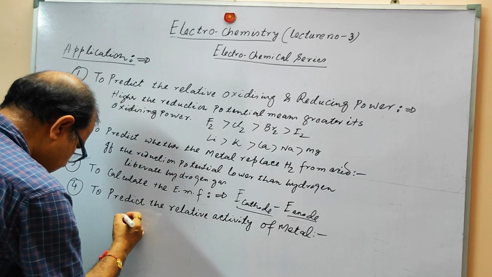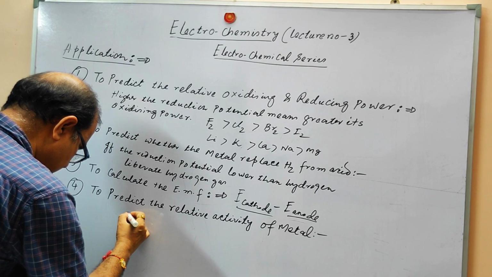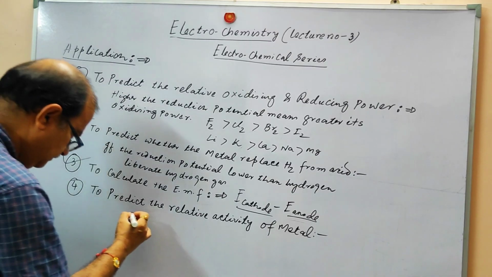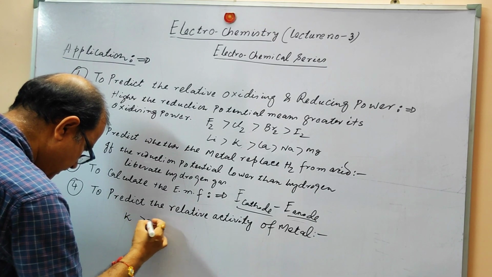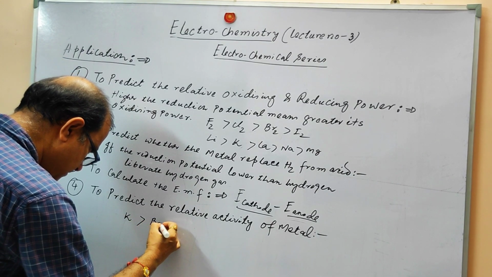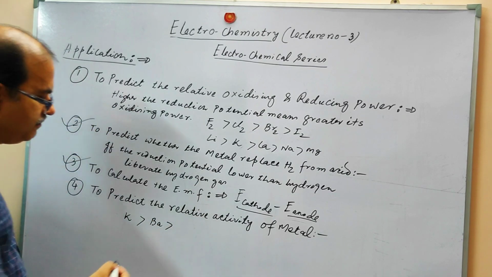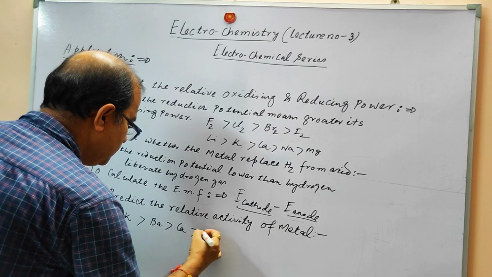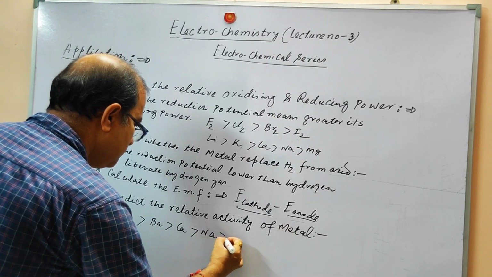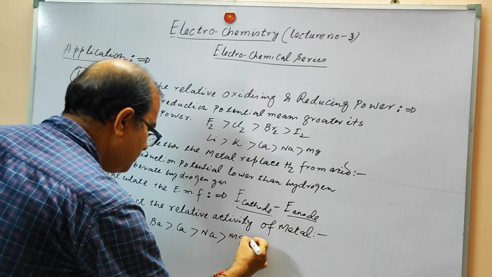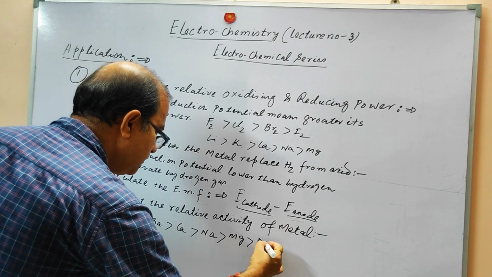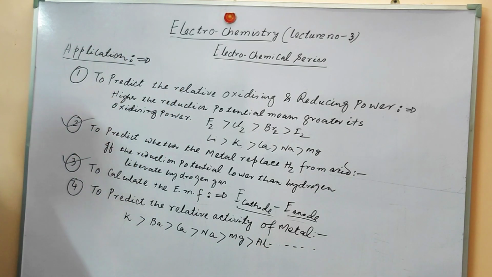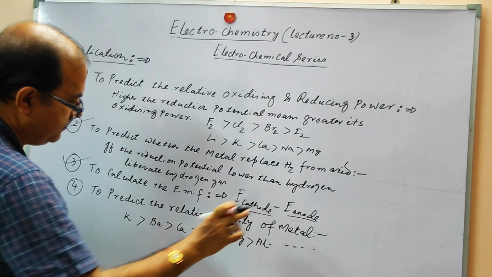You can see potassium has higher activity than barium. Barium has higher activity than calcium, then sodium, then magnesium, then aluminum. In this way, you can understand its activity.